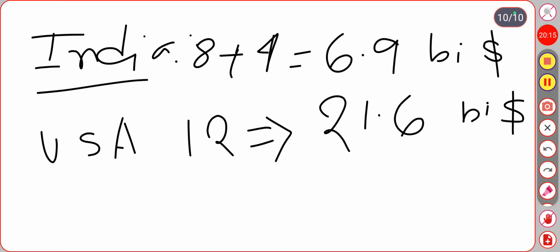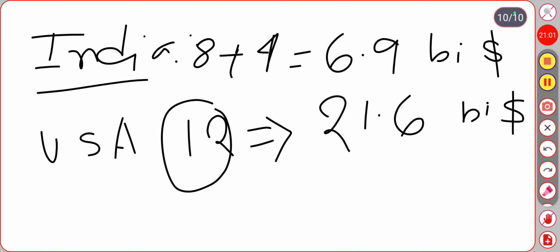This is after conversion of Indian currency to US currency. And in the USA, for 12 units of product we need to pay $21.6 billion. Comparatively, there is a purchasing power disparity because in India we need to pay fewer dollars to buy this quantity, but in the USA we need to pay $21.6 billion, which is higher than 6.9. So there is a purchasing power disparity.